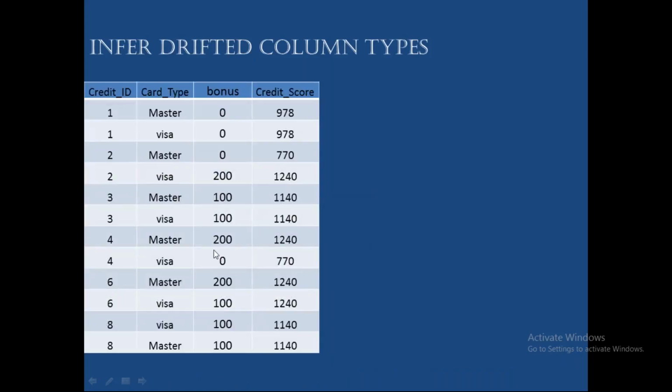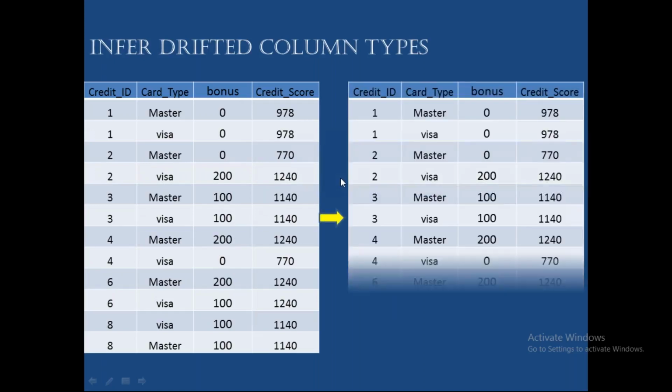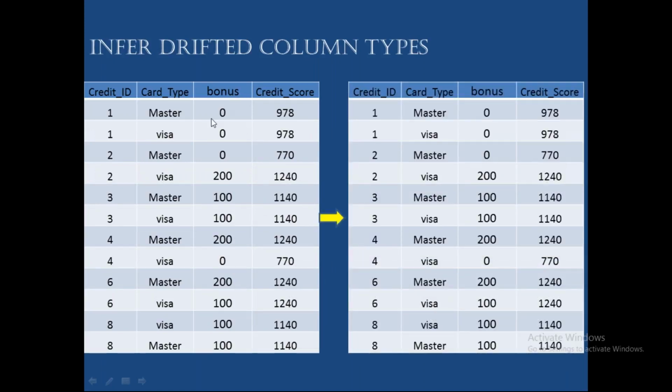Next, infer drifted column types. You see, we have 4 columns. Now, when you load these 4 columns here, what happens? See, instead of credit name, I have added a bonus column here. When you add the bonus column, it will come here, but it will come as a string type.